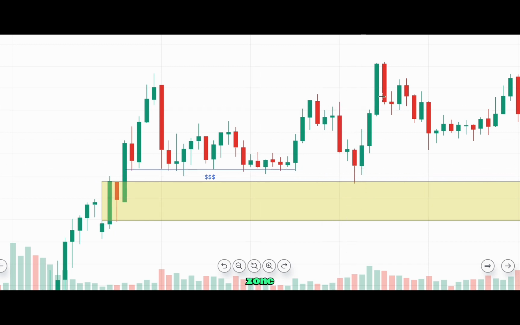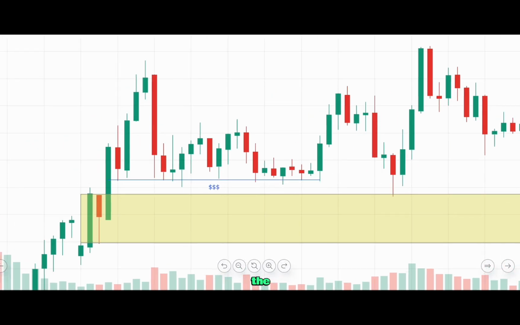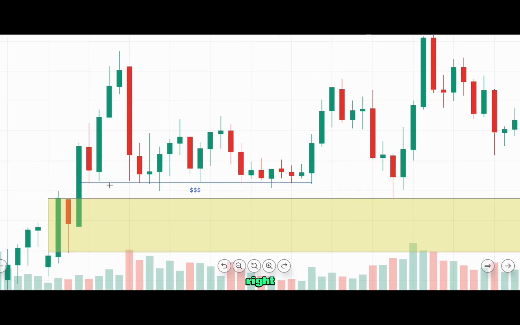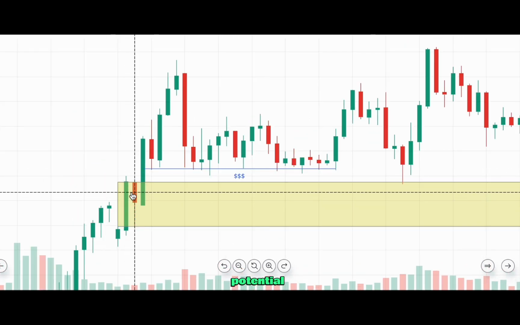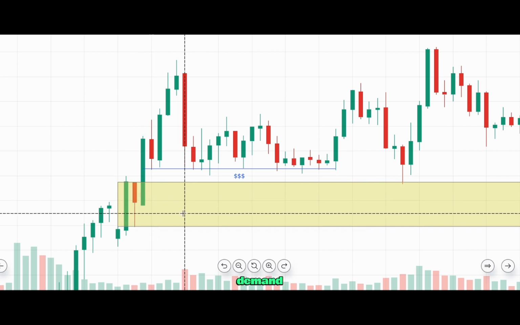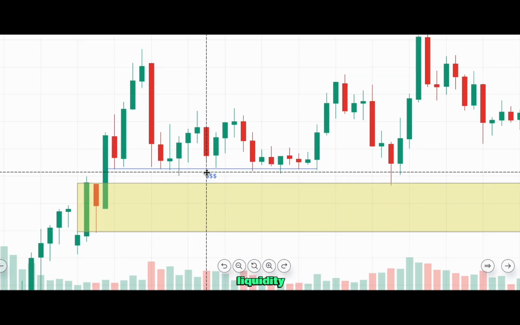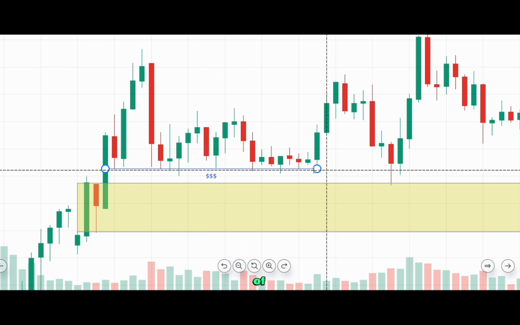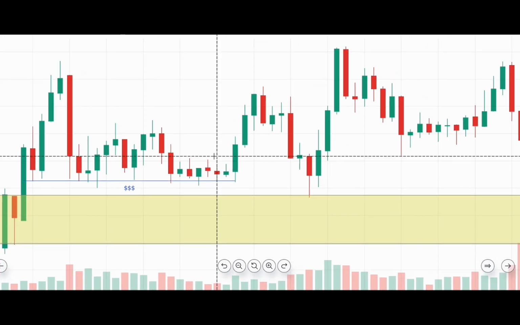Then it hit the zone and reacted. So this is good liquidity, right? The stronger the support and resistance, the higher the potential of the supply and demand zone before the liquidity. So this is one of the liquidity areas.